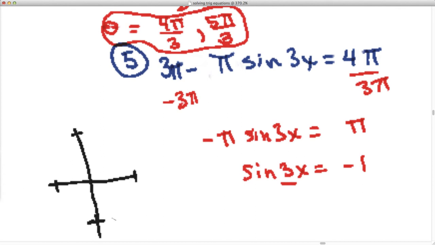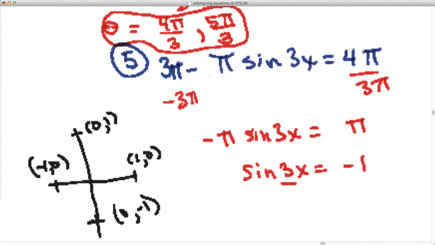If you remember, 1 and negative 1 occur only at the 0, pi over 2, pi, and 3 pi over 2 angles. So if you wrote the points 1 comma 0, 0 comma 1, negative 1 comma 0, 0 comma negative 1, the first one is cosine and the second one is sine, and we see that sine is negative 1 right here at the angle of 3 pi over 2.